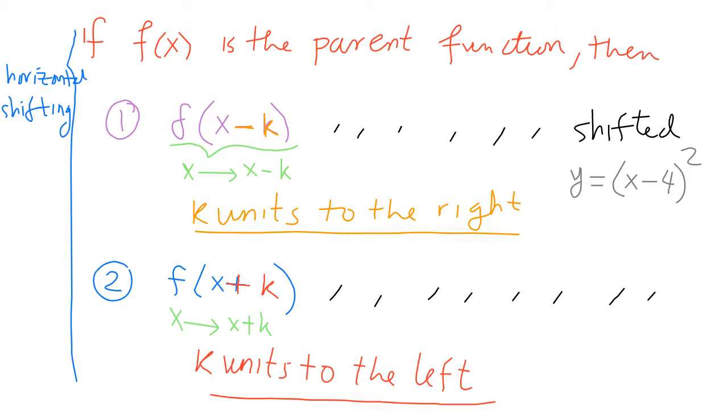I'm changing the argument of the parent function. In this case, I have to shift the graph 4 units to the right. So this graph will look like this. This is y, this is x. 1, 2, 3, 4.